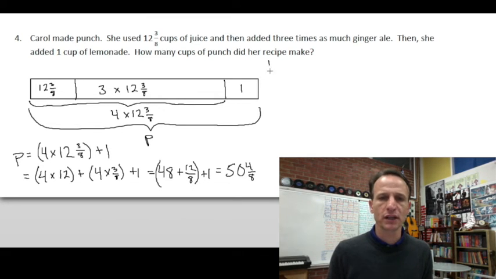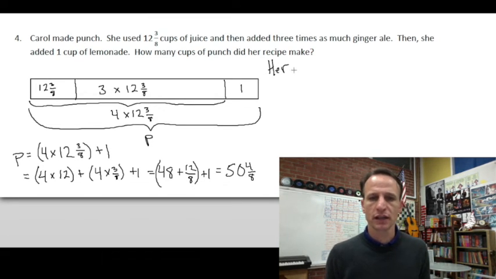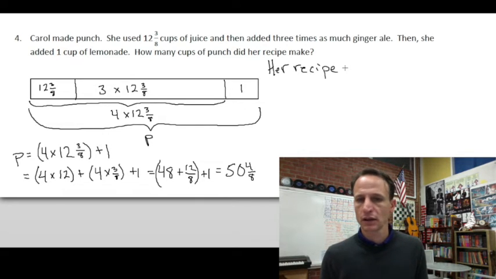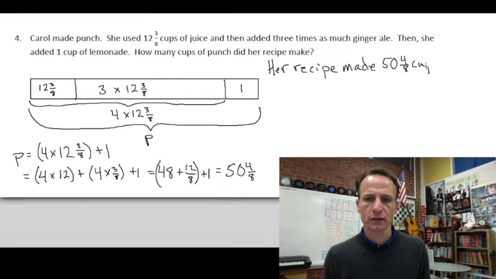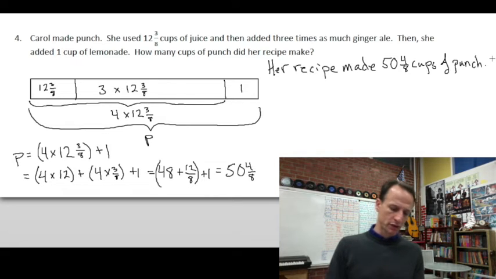So her recipe, Carol, made 50 4/8 cups of punch. All right, we're all done with Carol punching us.